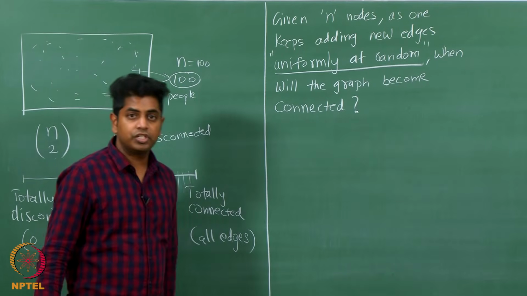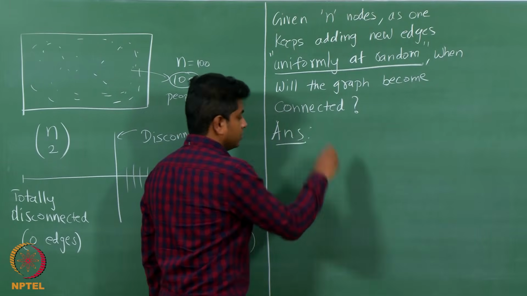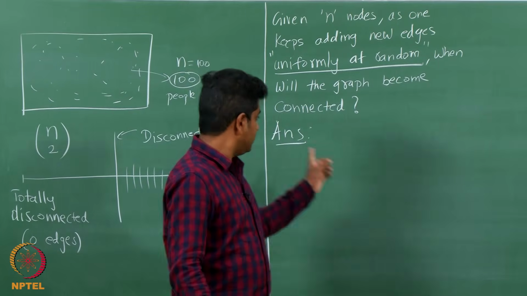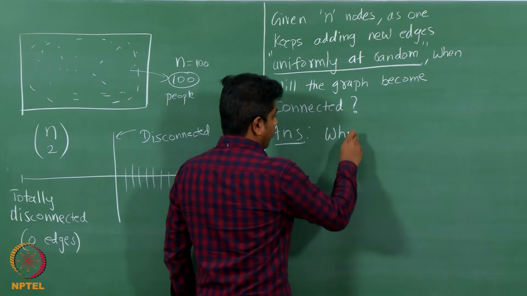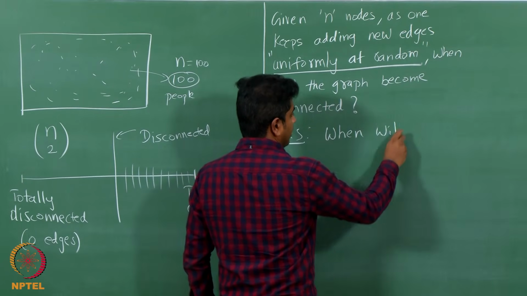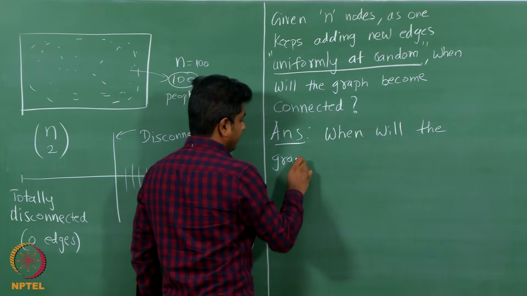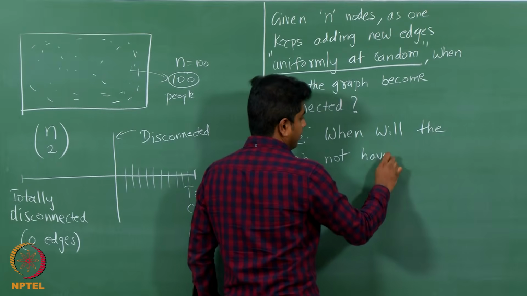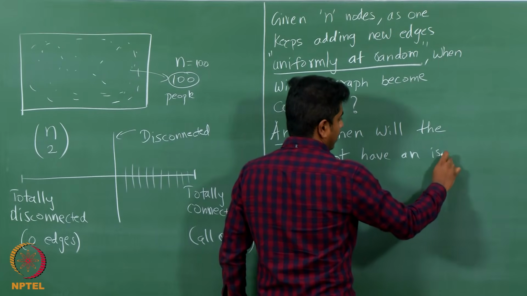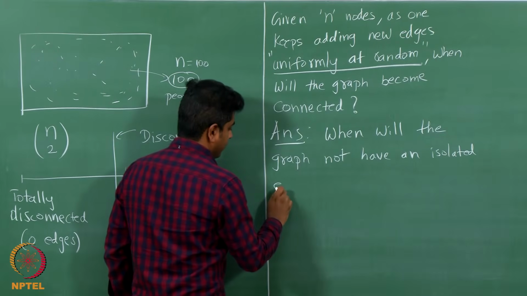Let us answer this question with a small observation. Okay, I will answer this question by asking this question: when will the graph not have an isolated vertex?